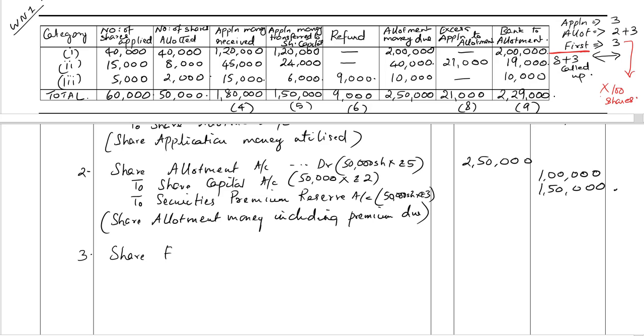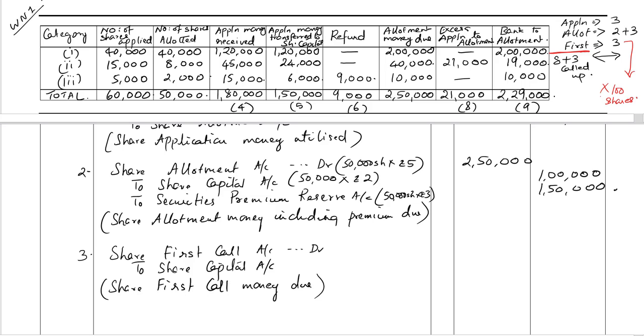Share first call account debit to share capital account. For share first call money due, amount due on 50,000 shares at the rate of rupees 3 per share, 1,50,000 rupees.